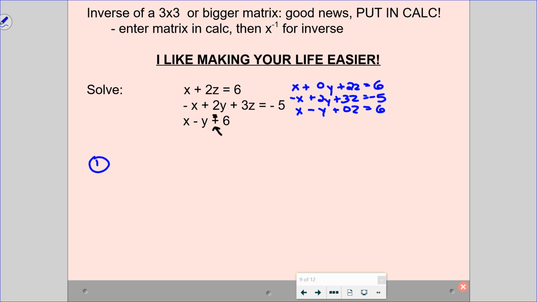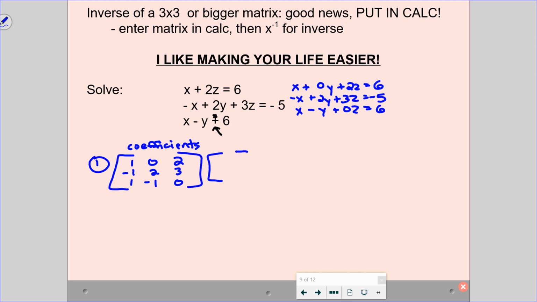So, here we go. Let's put it in the same form that we started with. We have our coefficients: a 1, a 0, and a 2; a -1, a 2, and a 3; a 1, a -1, and a 0. So we start out by writing our coefficients, and again, if you want to put the note down, these are our coefficients.